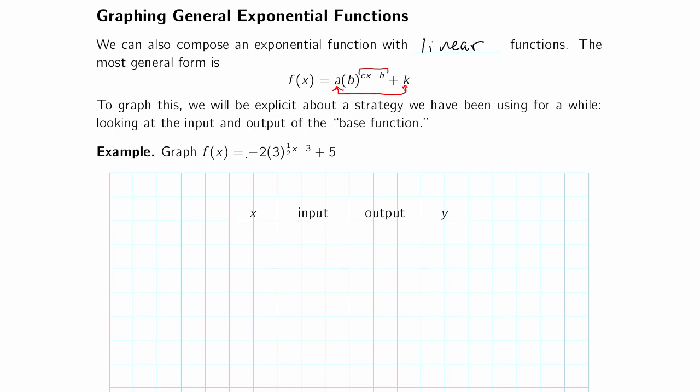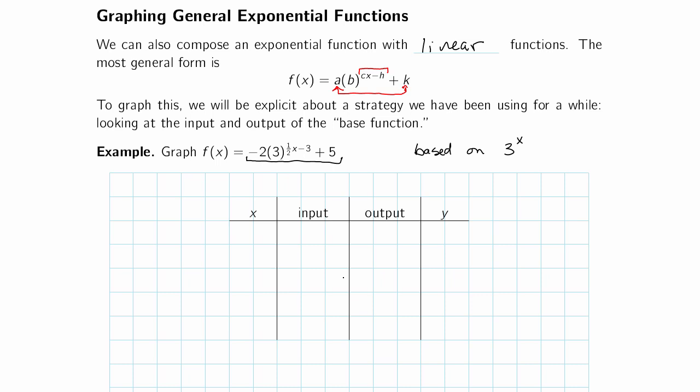So here we have an example of an exponential function, and the very basic part of this, the simplest part, is that we're taking 3 to some power. We can think our base function is 3 to the x.